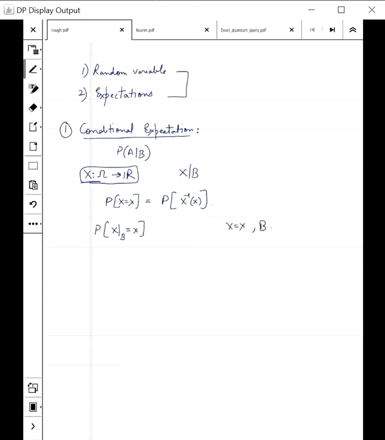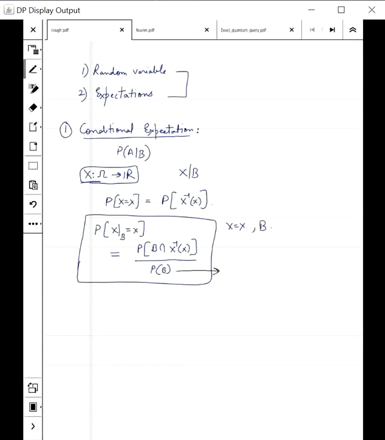So this probability should be the probability of this event, but then we should normalize by the probability of B. So this will be the conditional probability of the random variable X. Remember that we need a normalization to make sense of this random variable.